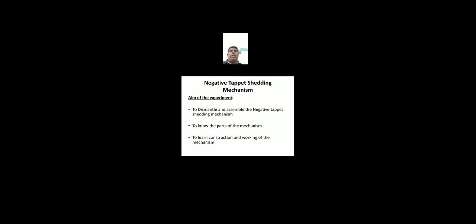The third aim is to learn the construction and working of the mechanism: how the parts are built up to form a mechanism, and how the parts are running, how they are transmitting motion to one another so that the mechanism runs. That is the working of the mechanism.